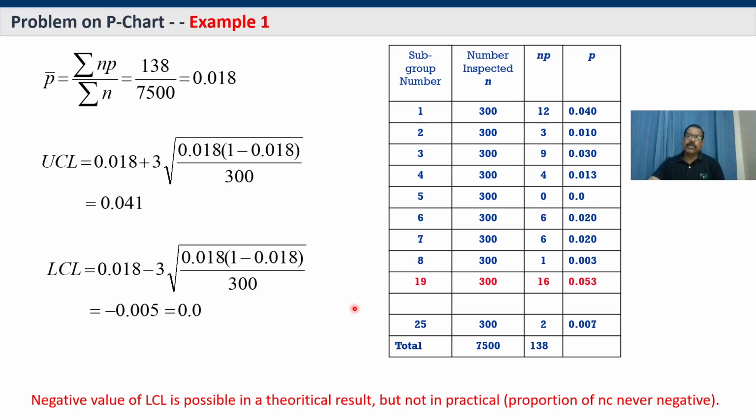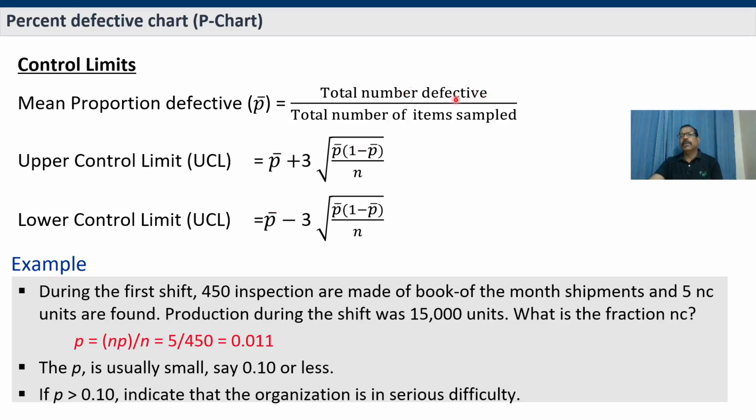So in this problem, what are the things you have to take? As per the formula, total number of defectives divided by total number of items sampled. If you are very clear on how to find the total number of defectives and total number of items sampled, solving a P chart is easy.